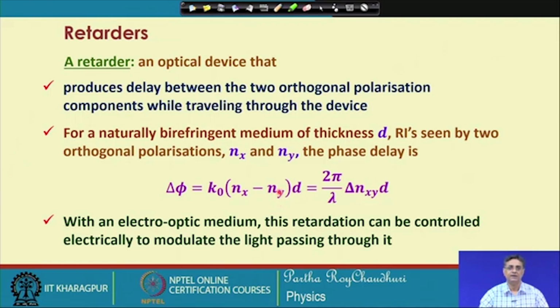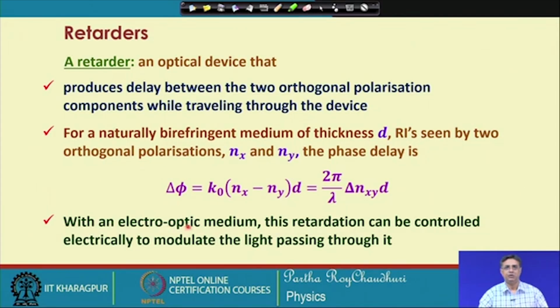If they are excited in equal amounts and the delay is such that there is a pi by 2 phase delay, then it will be circularly polarized light. If the amplitudes are not equal, then it will be elliptical. We have seen those examples in the earlier discussion in anisotropic medium.